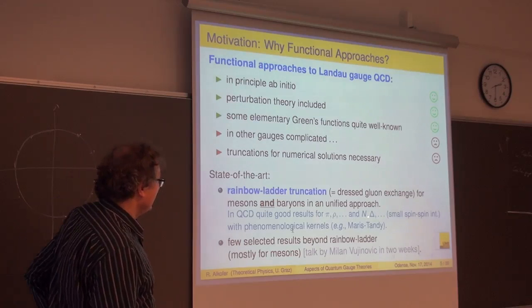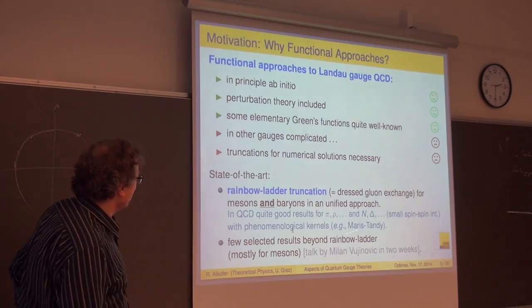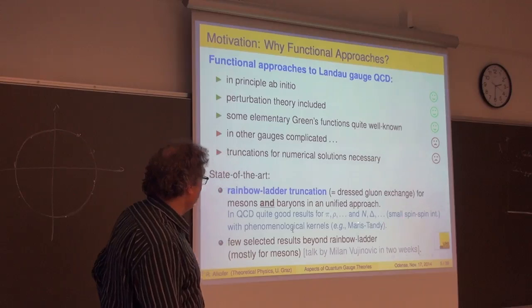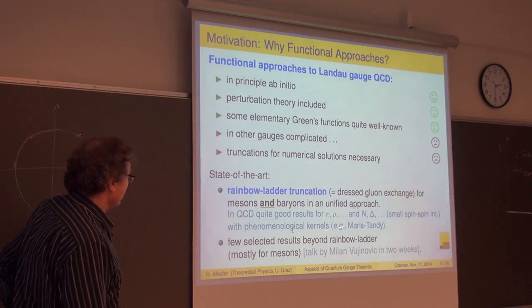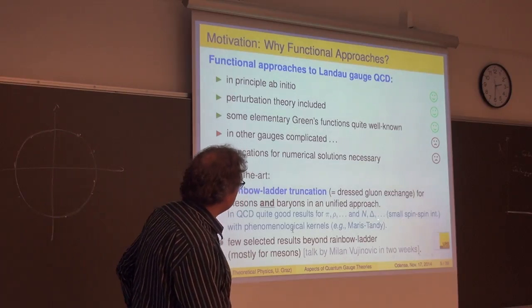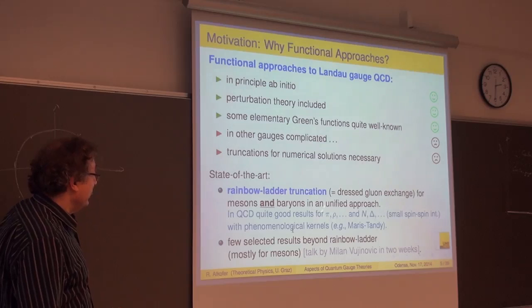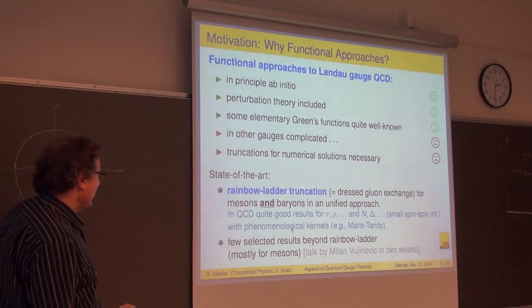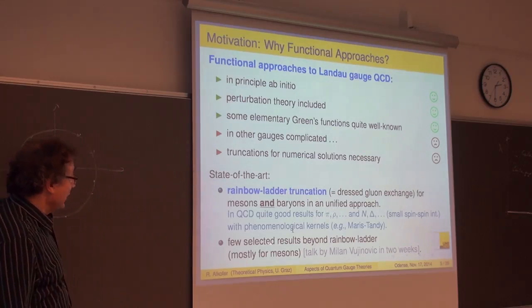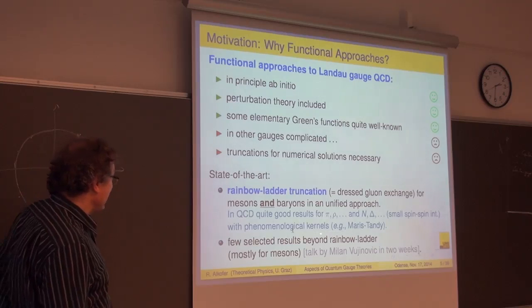The one which was most successful in describing pion or nucleon properties was invented by Peter Maris and Peter Tandy some 20 years ago. A lot of calculations in this business are done with this kind of interaction. There are other interactions doing similarly well, but this is what's doable by now. If it comes to looking at gauge theories beyond rainbow-ladder, there are only very few results.